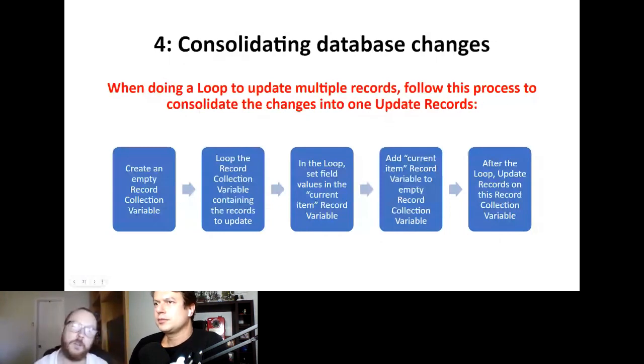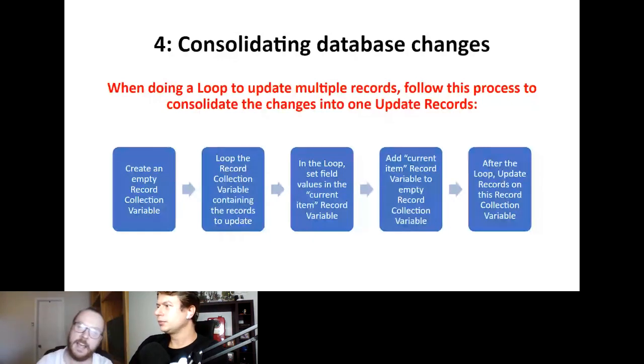So when doing a loop to update multiple records, the general process to follow is to create an empty record collection variable. That's going to hold all of the records that need to change, but it will be empty when you create it. Then you want to loop a different record collection variable that contains all of the records you want to change.